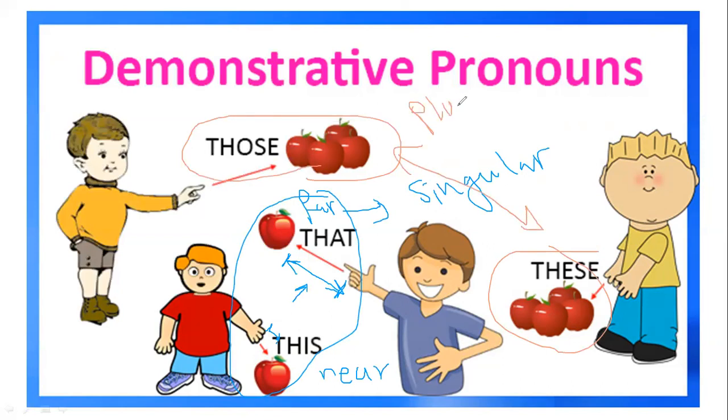And this, when it's singular, and these, when it's plural, have the same pronouns. These, these, the. The first is z, and the second one is s. Those. This is th pronounced z.